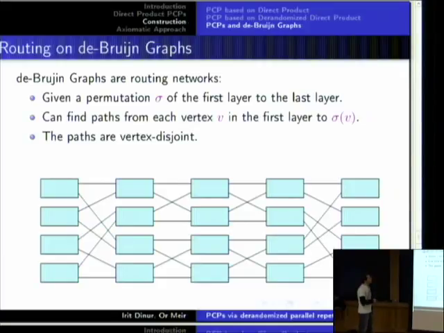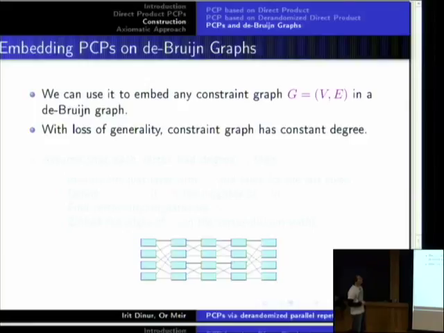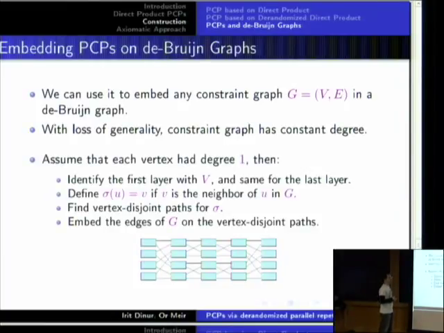So how do we use this property to embed constraint graphs? Well, suppose that we have some constraint graph, and first of all, without loss of generality, we can always assume that the constraint graph has constant degree. This is using standard PCP techniques. Let's assume as a warm-up that the constraint graph has degree 1. That is, every vertex has only one edge connected to it.